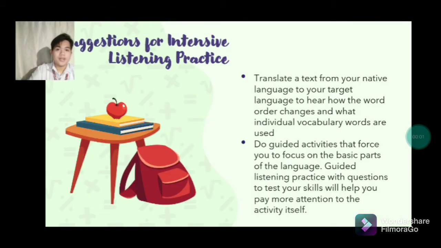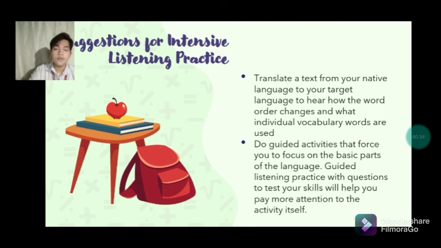And the next one is to translate a text from your native language to your target language to hear how the word order changes and what individual vocabulary words are used. For instance, your first language or native language is Tagalog, and the target language that you want to study or learn is English. In order for you to be knowledgeable about your target language, you need to expose yourself to it.